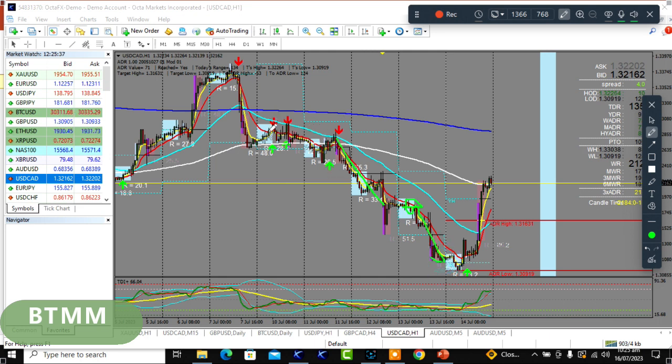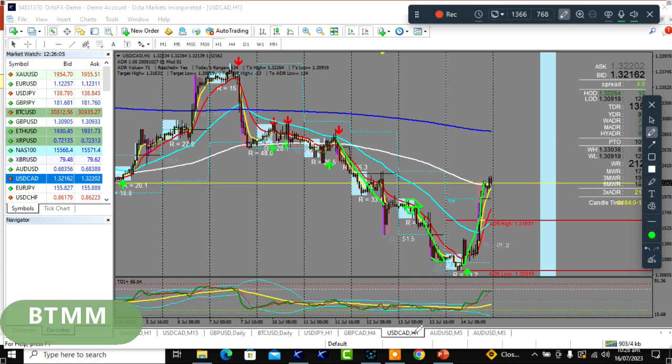The bottom line is that you don't exceed 1 day in the market, or you just wait for the ADR to complete its level and you leave the market. You can trade from here to here. That's about 6 to 7 hours, and you leave the market. That is for intraday traders.